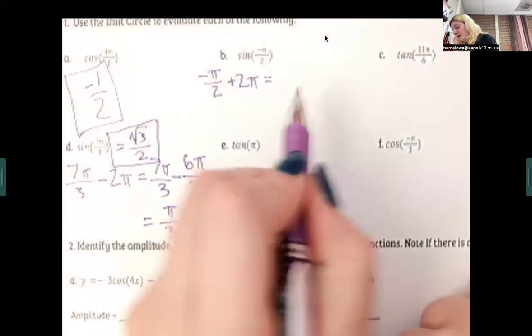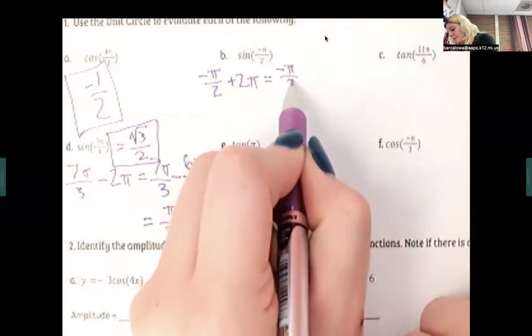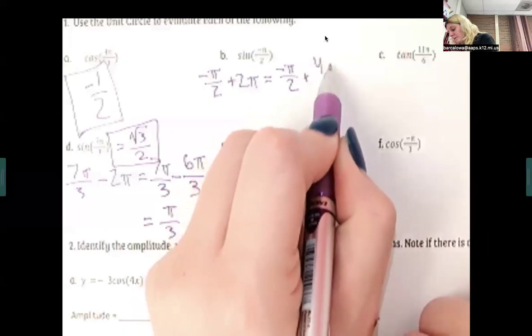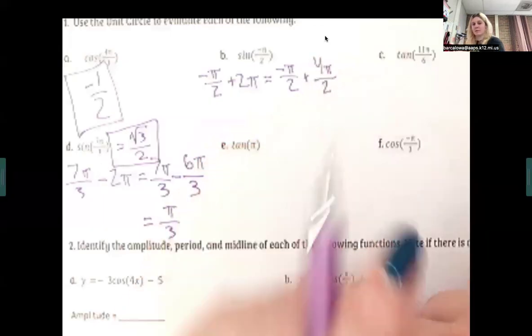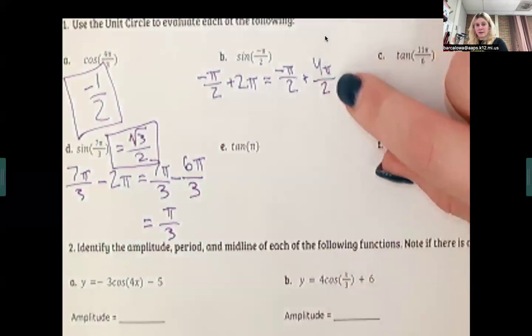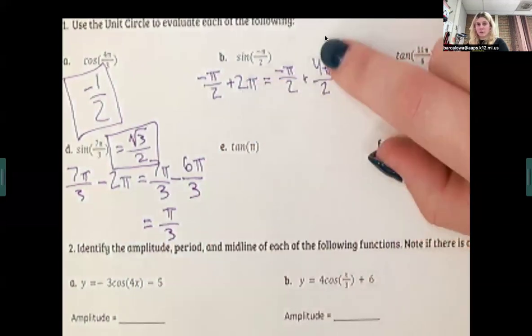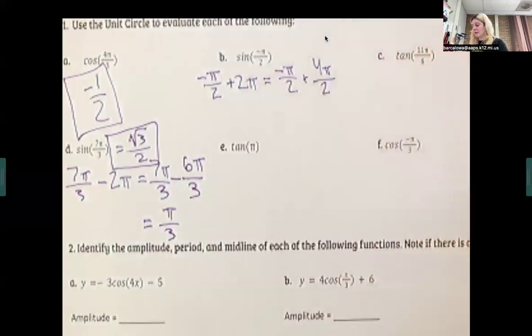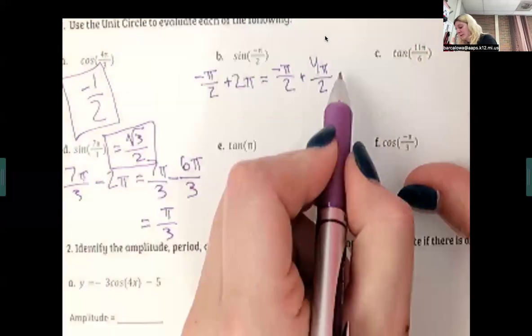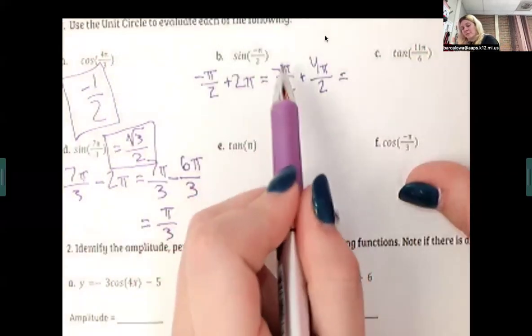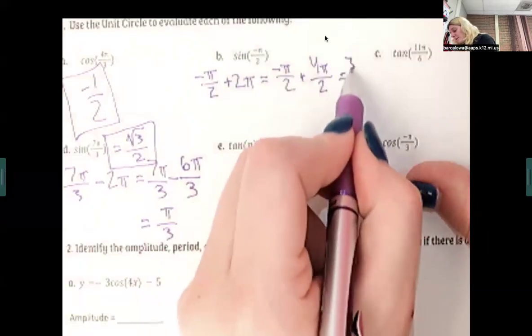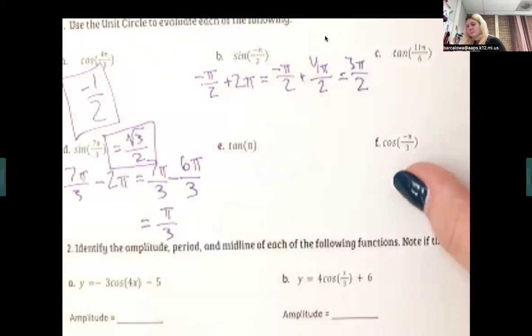Again, we need a common denominator, so negative pi over 2 plus 4 pi over 2. 4 divided by 2 is 2, so I'm just changing the way that looks so I have a common denominator. Negative 1 pi plus 4 pi, 3 pi over 2.